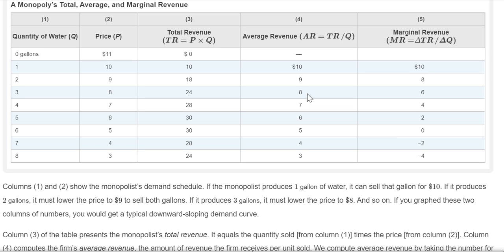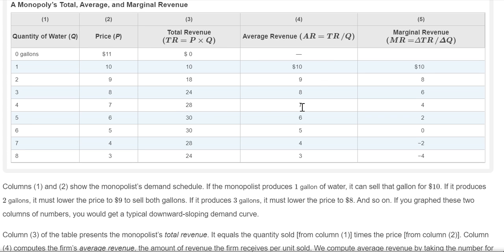All right. Again, the second one. Here you had a total revenue of 28, and you're looking for average revenue. So you're going to have to divide it by the quantity. 28 divided by 4 comes out to be 7.